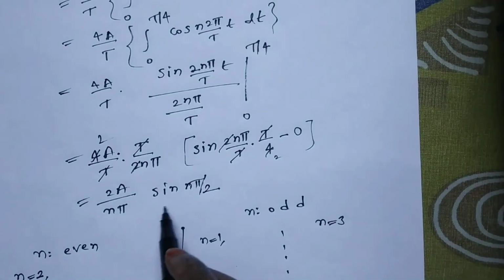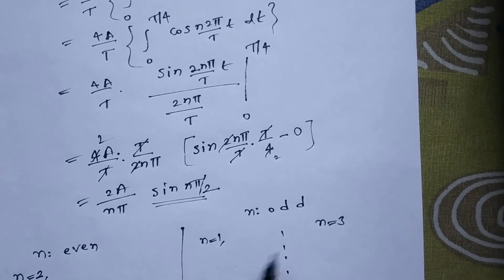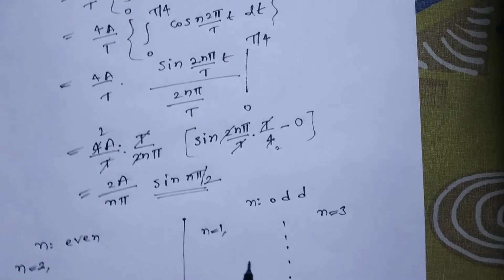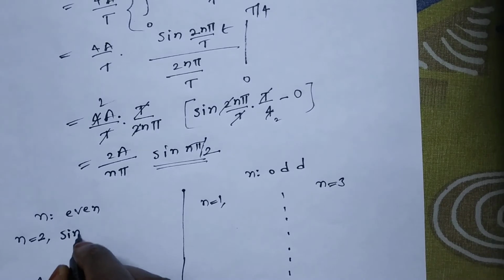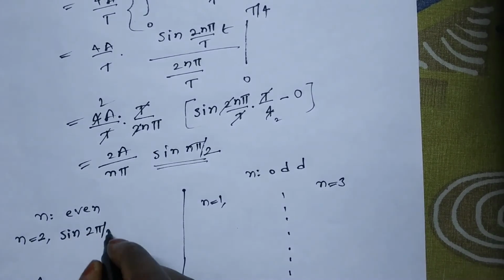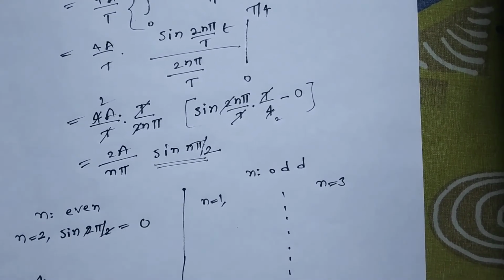As you got the sin n pi by 2, we need to check the sin n pi by 2 value for various n values. For even n, for odd n, we have to check. Let us check with n is equal to 2. Then what about the sin n pi by 2 value? Sin 2 pi by 2, sin pi, 0.